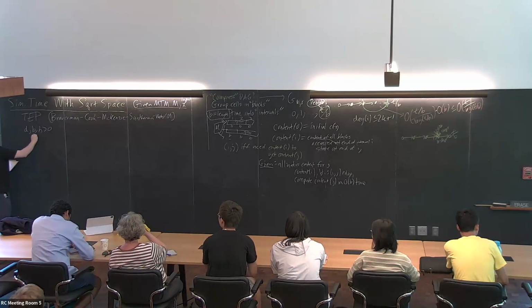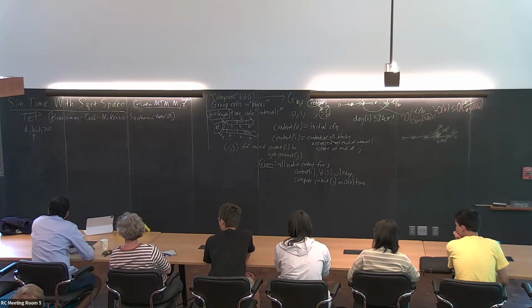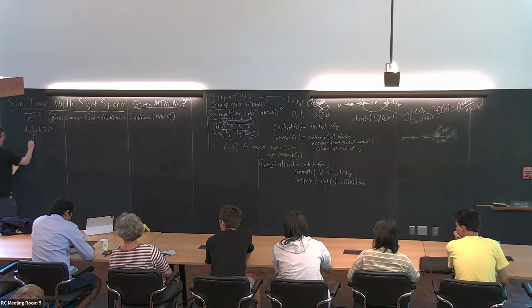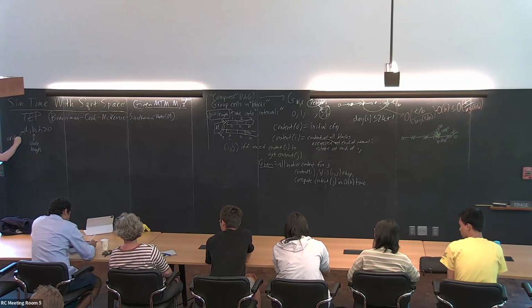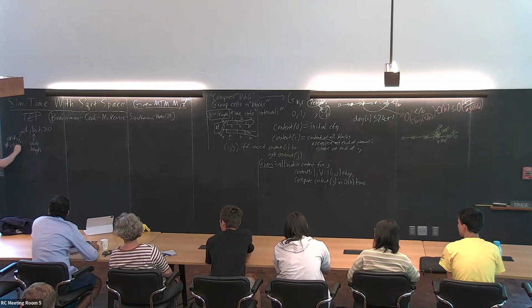Now think of B as a block length. It will be morally the same kind of B, a block length or a group of bits. This D will be the arity or number of children of my tree, so the number of children for each node, or an upper bound on it.